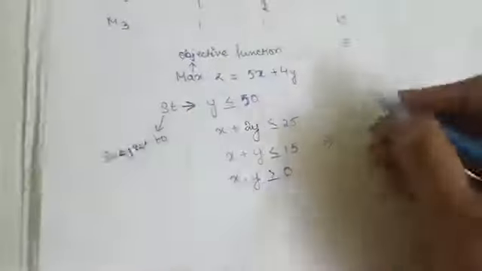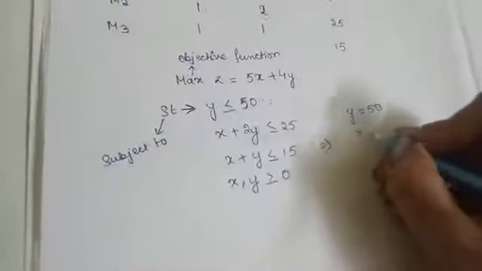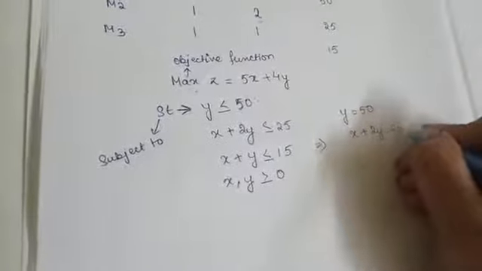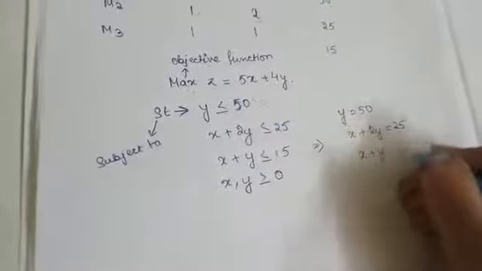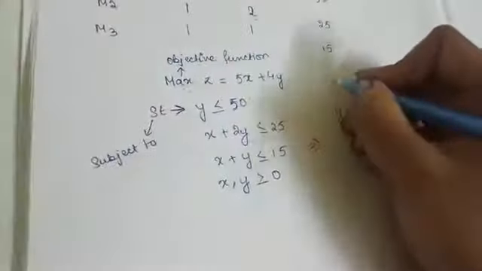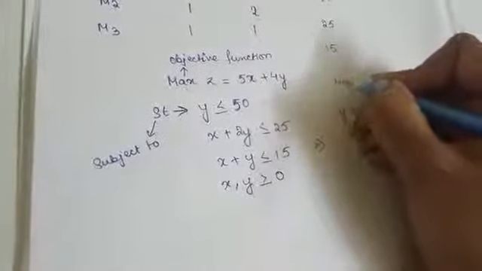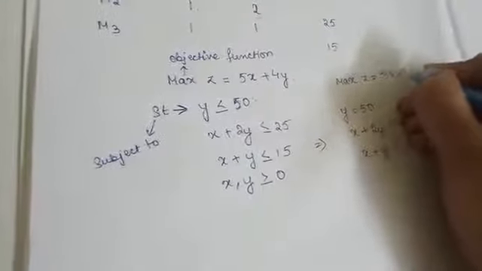First equation is this one, y will be equal to 50. Second equation is this one, x plus 2y will be equal to 25. Third equation is this one, x plus y will be equal to 15. Okay, and max z will remain max z. You don't have to write it once again, but just for your convenience I'm writing it once again.